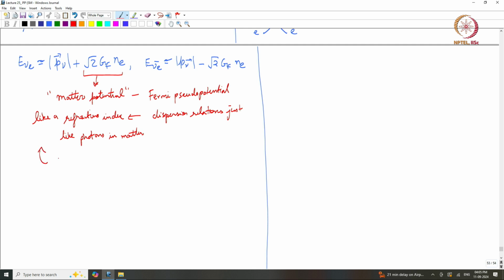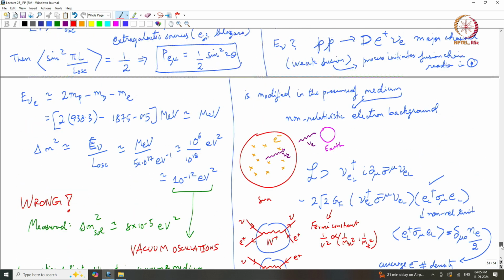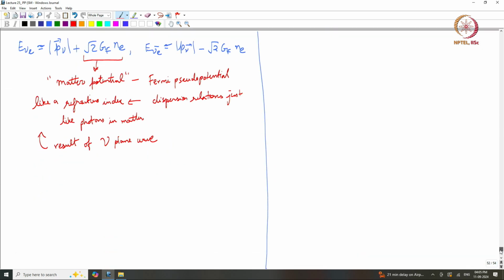And let me say one more thing for you to visualize what is going on. This is a result of neutrino plane waves scattering in the forward direction. You have to think of neutrinos as plane waves as they propagate, as I have drawn here. For people who know about the optical theorem and dispersion relations, this will be familiar, but if not, you can go look up, when you have plane waves scattering in the forward direction, that is exactly when you create a Fermi pseudo potential.